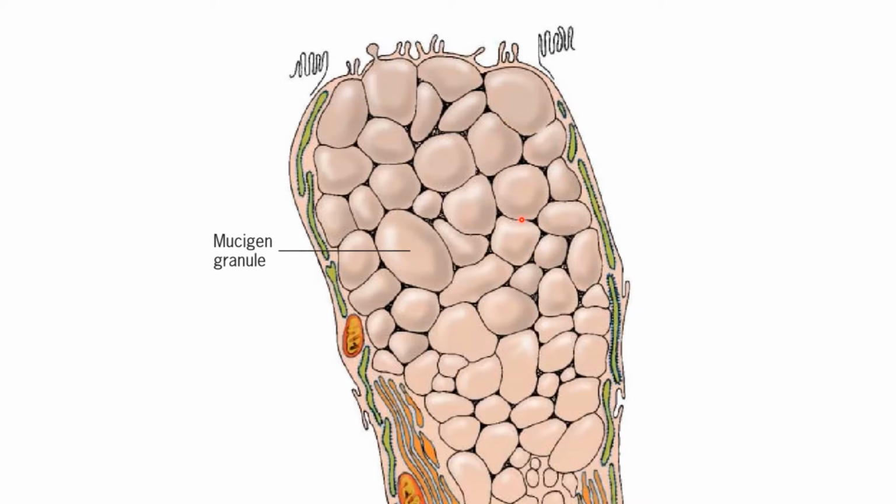There are also mucus secreting cells that keep the surface coated with mucus. The mucus here was made from the ER, packaged in the Golgi apparatus and then sent to the outside through mucigen granules.